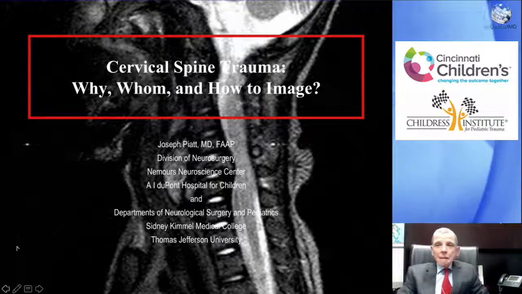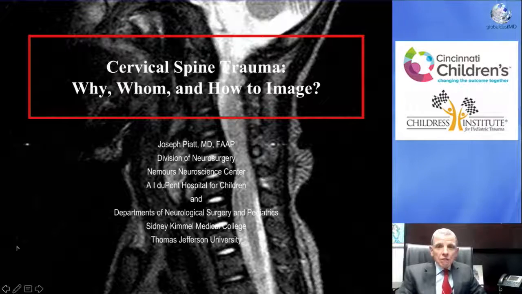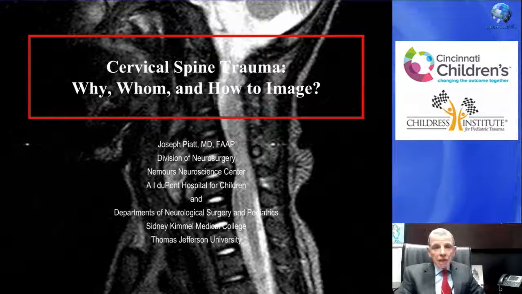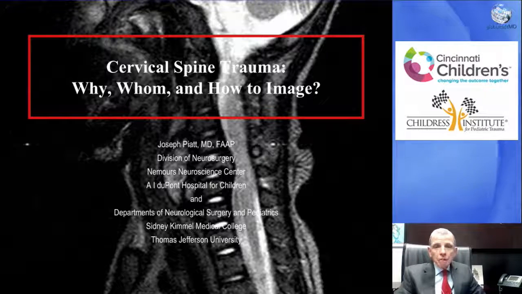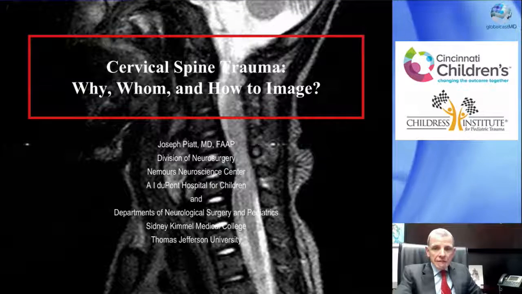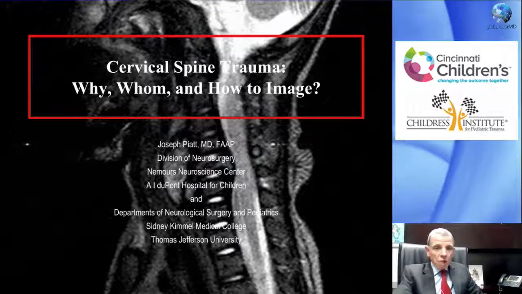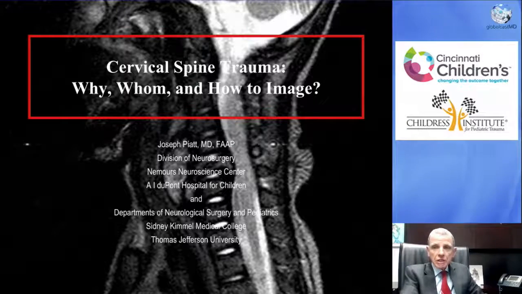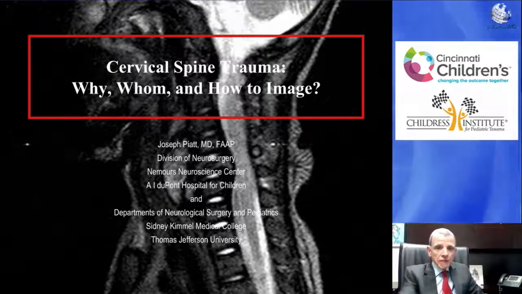Mine is the privilege of beginning the conversation about evaluation of the cervical spine in pediatric trauma: why to image, whom to image, and how to image. I'm sure that since there's a lot of art and craft in this process, there will be some conversation afterwards.